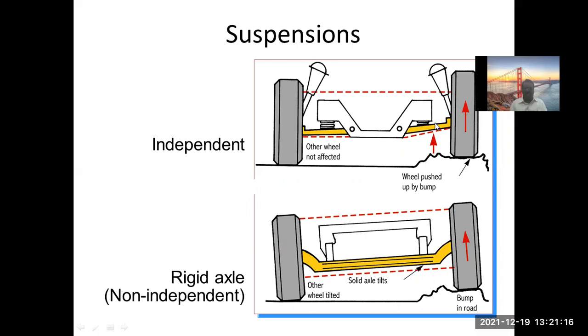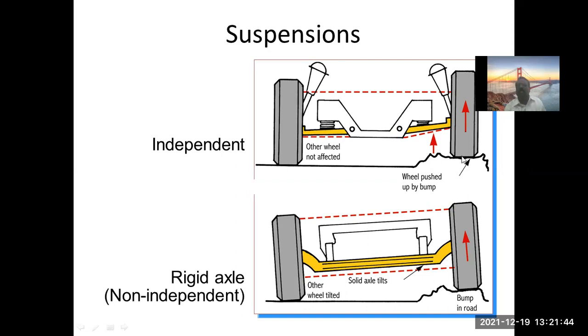It is not transmitting that shock to the chassis. You can see in this case the axle remains horizontal, but this spring is getting compressed when this wheel goes on a bounce.